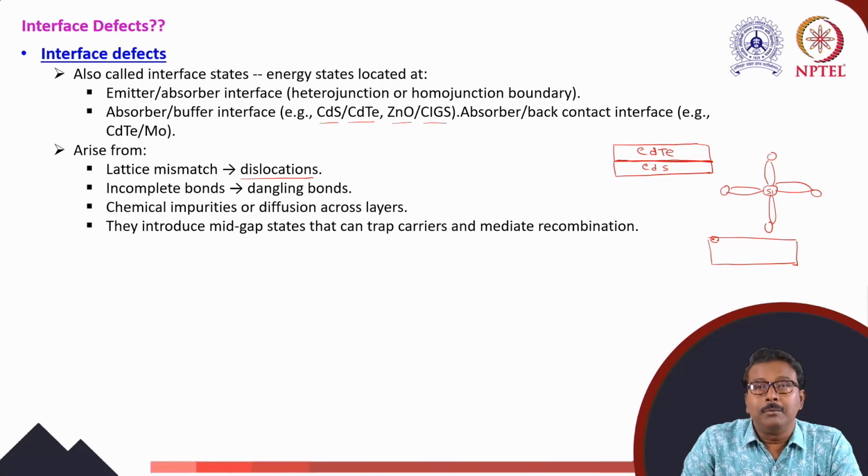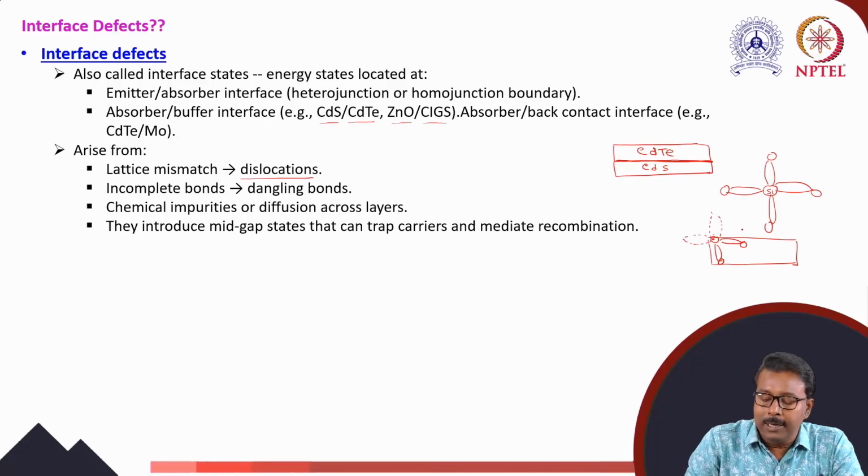This silicon atom is not getting any other silicon atom to make this bond, because this is the surface. They may be bonded with other silicon atoms in between, but in the left side and in the top there are no silicon atoms. So there is an incomplete bonding.